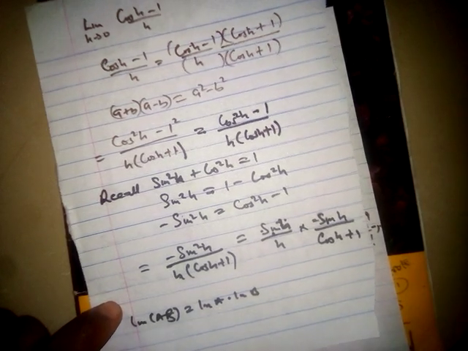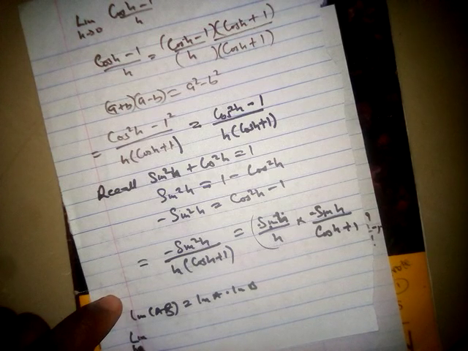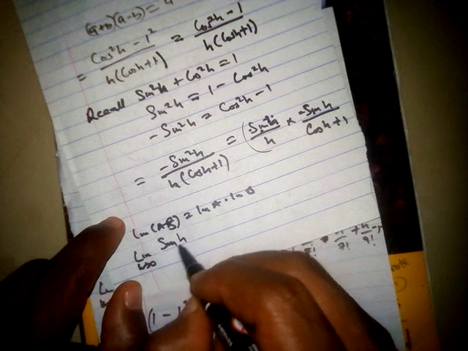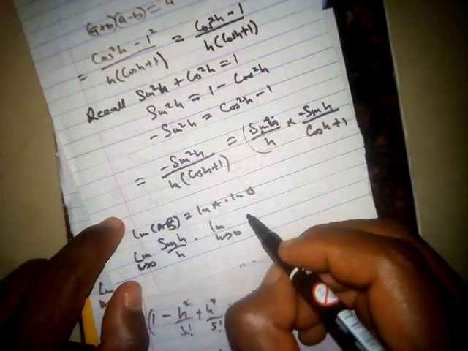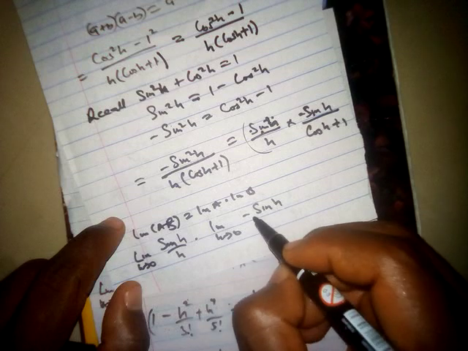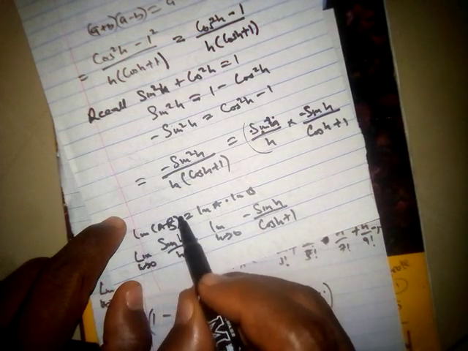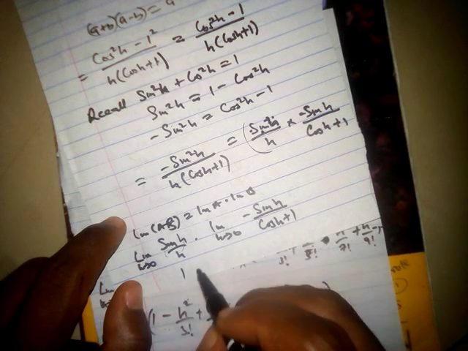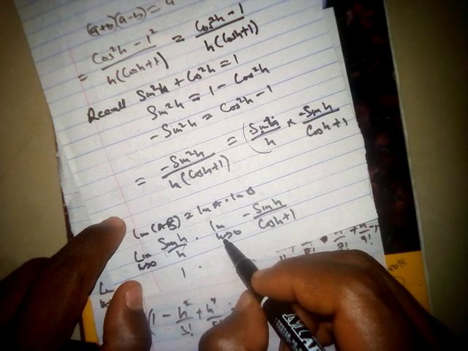If we apply the limit, we have the limit as h approaches 0 of sine h over h, times the limit as h approaches 0 of minus sine h over cos h plus 1. Now from the first lesson, we've shown that the limit of this is equal to 1.